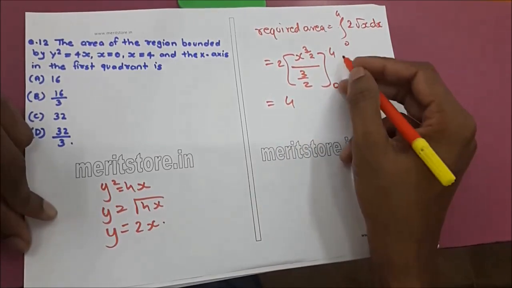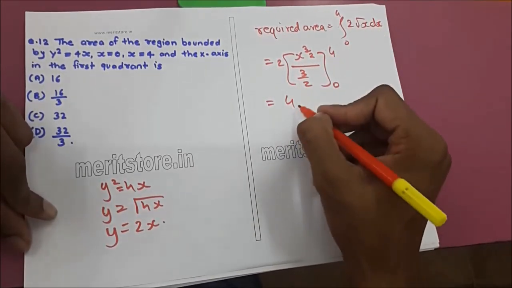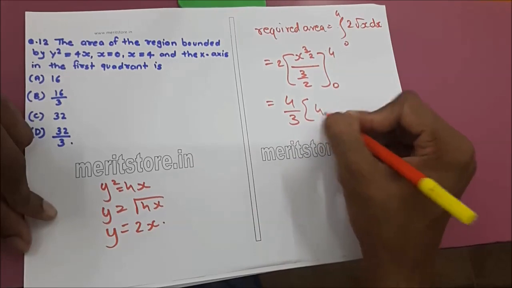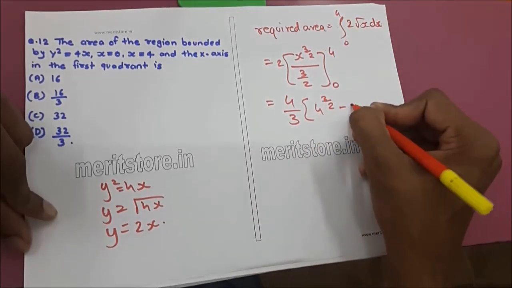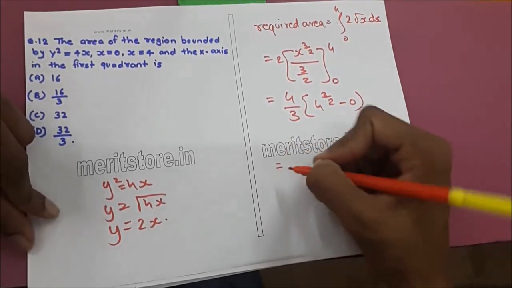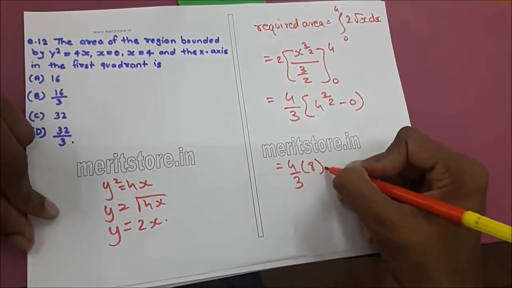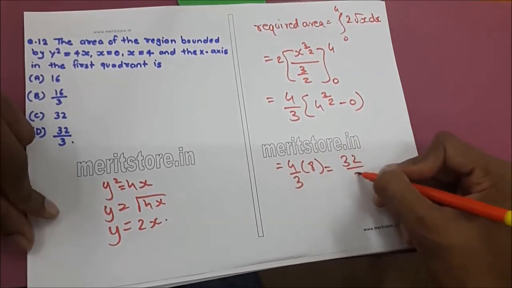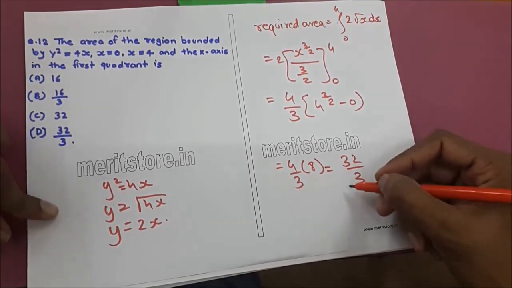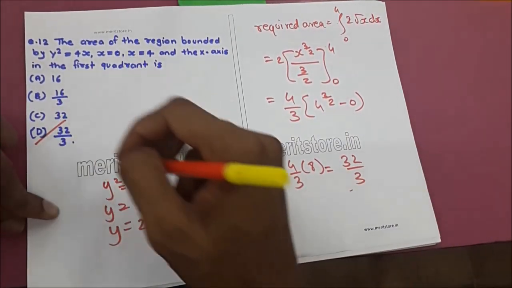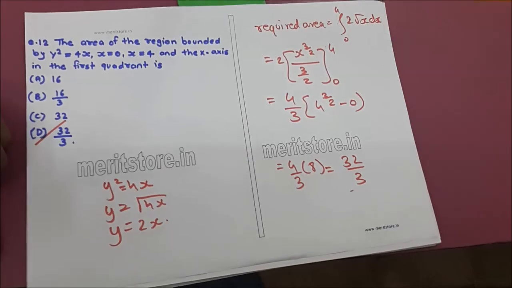We substitute the limits in x. We get 4 by 3 into 4 raised to 3 by 2 minus 0. So we get 4 by 3 into 8 equal to 32 by 3, which is option D. Option D is the correct answer.